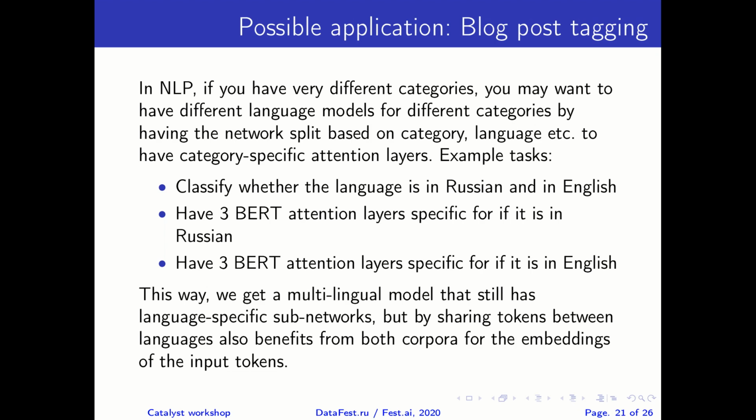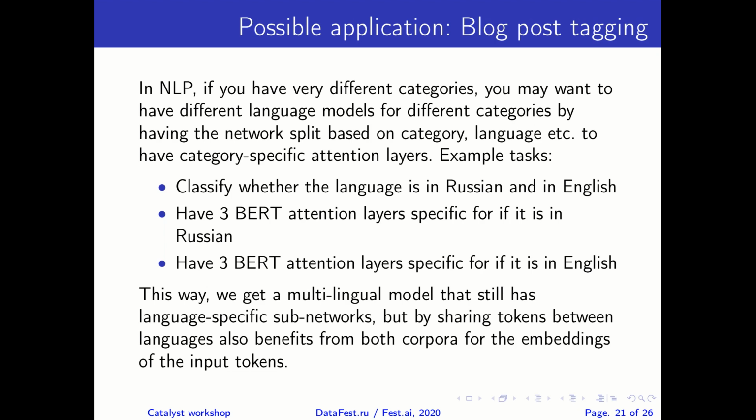So here what I mean is, for example, if most of the documents in your corpus are in Russian, and you have maybe occasionally the token Java, it would have one embedding, but if you include also the English corpus, the Java token would have a really good embedding, because you would have a lot of documents in English for Java, but still you would have Russian-specific attention layers in the end.